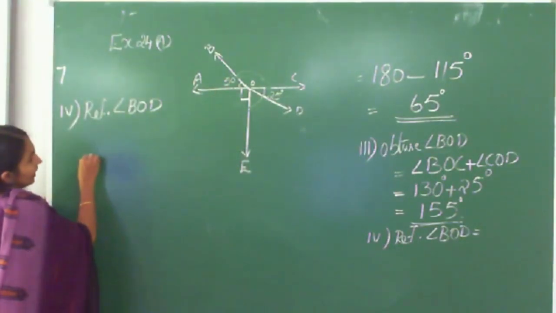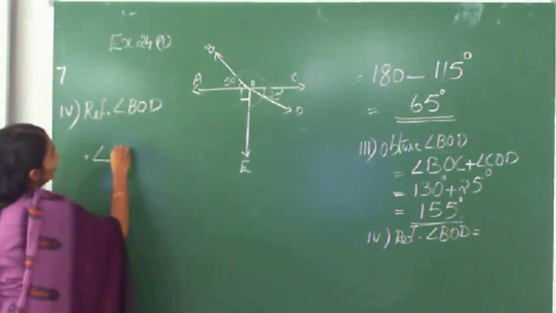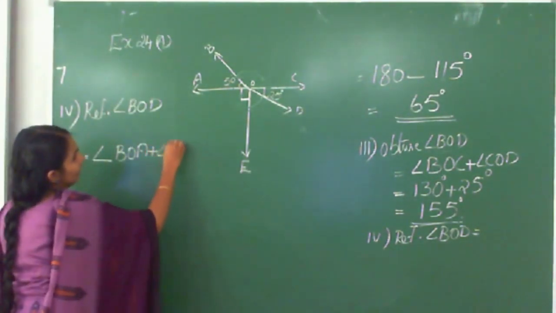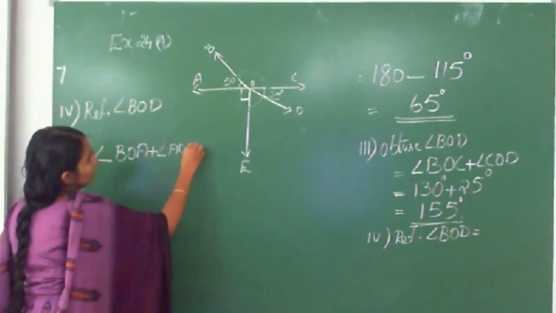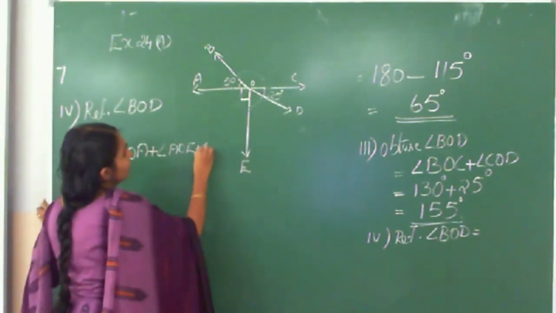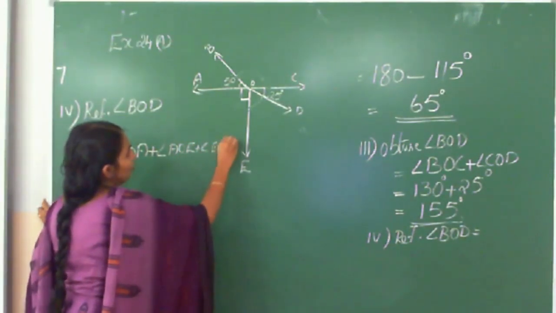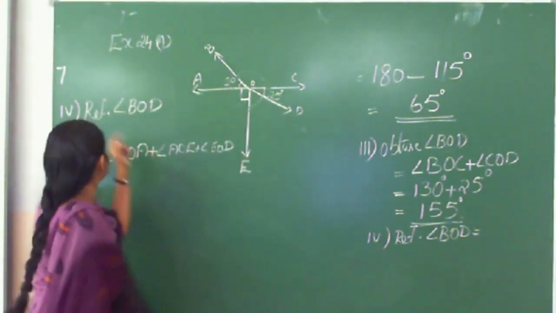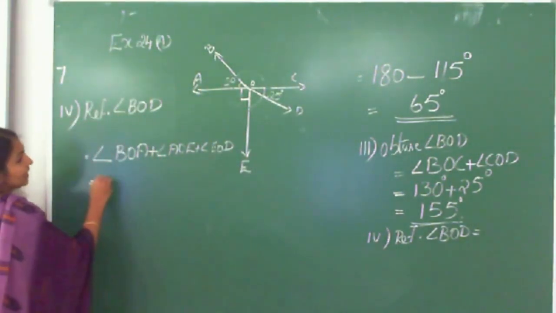So we can write like this: angle BOA plus angle AOE plus angle EOD. When we add these 3 angles, we will get the reflex angle.